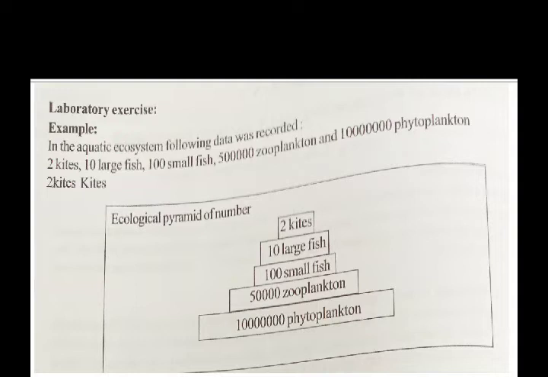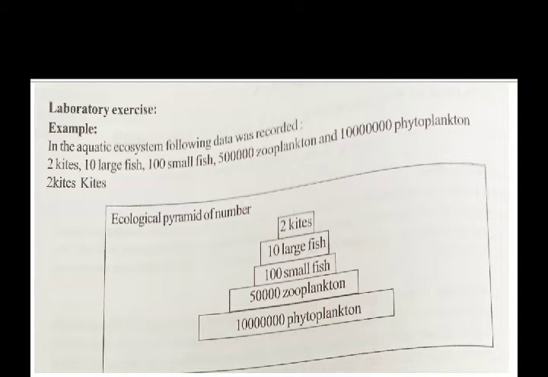It is approximately 1 crore, I guess. So you can see the phytoplankton are the producer in this particular example, and the zooplankton feed on the phytoplankton. Then the zooplankton are the feed of the small fish.